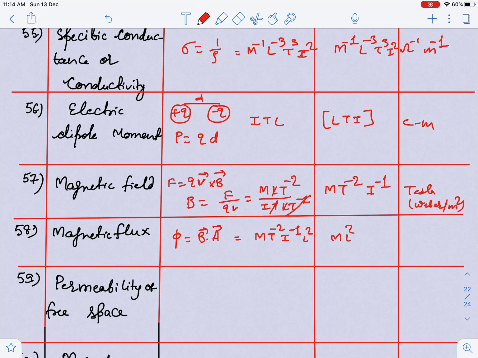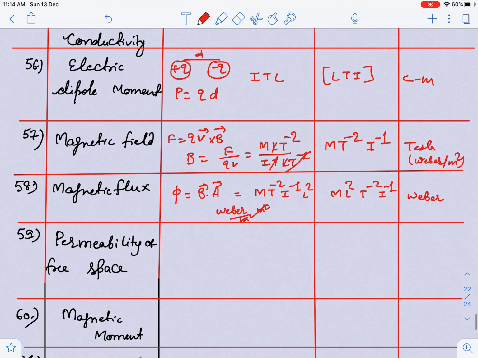So can I write, guys, M L^2 T^-2 I^-1 is the dimension. Unit is Weber, because Weber per meter square into meter square, because of area, so this cancels, so unit is Weber.